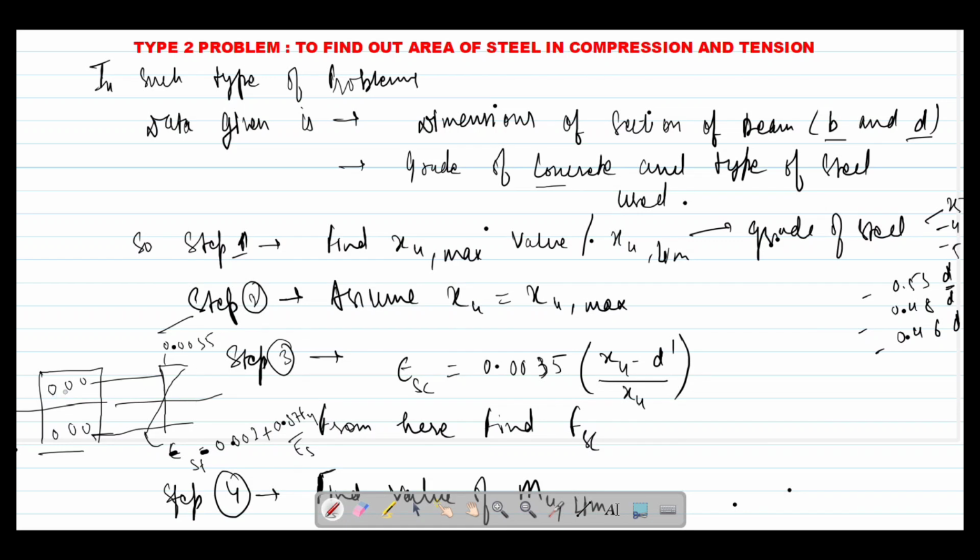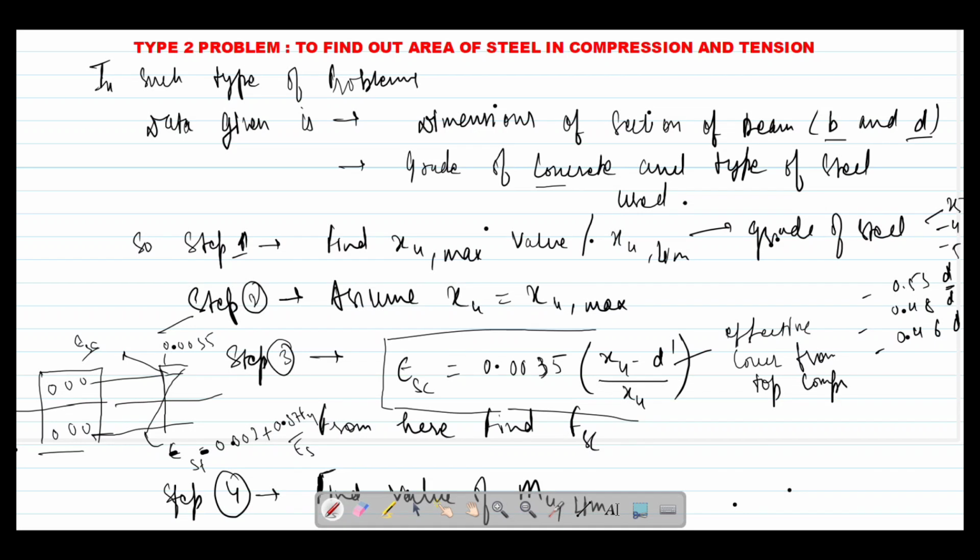Now for the steel in compression zone, there is a value called epsilon sc. To calculate this value, we'll use the similar triangle condition, and with the known values we obtain this formula: epsilon sc is equal to 0.0035 into (XU minus d dash) upon XU.